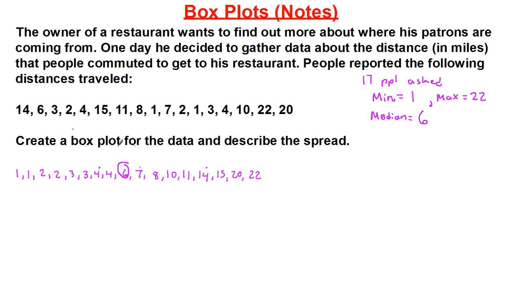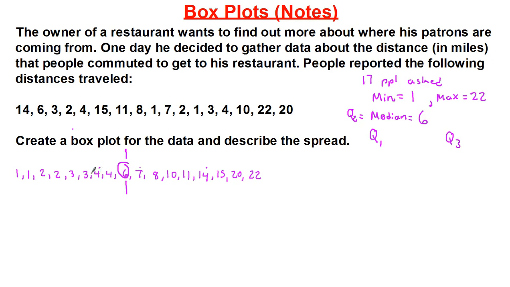Now, I need to find my first quartile and my third quartile. Technically, the median is my quartile 2. They don't call it that, but you could think about it like that. In order to figure that out, we have to take 6 out of here, and we're going to find the middle of these bottom numbers. That'll be 1, 2, 3, 4, 5, 6, 7, 8 numbers.